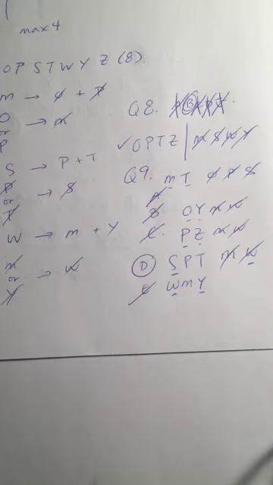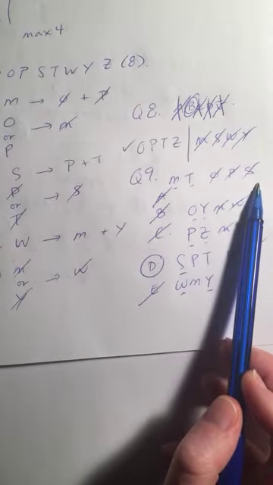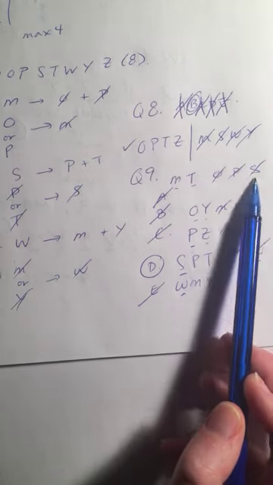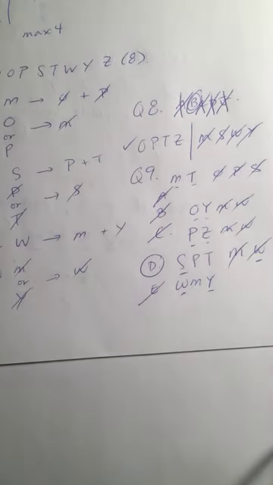So O and S, it's possible for both of them to be out, and P and S, it's possible for both of them to be out. That's how we eliminate answer choices for this one: we see, is it possible for these two players to both be out? If it is, that means we do not have to have at least one of them on the team.